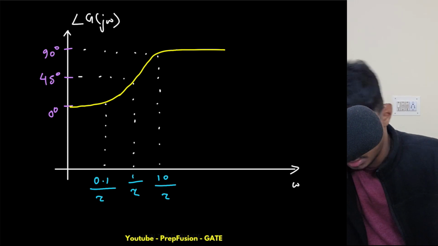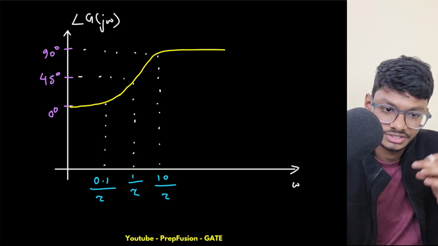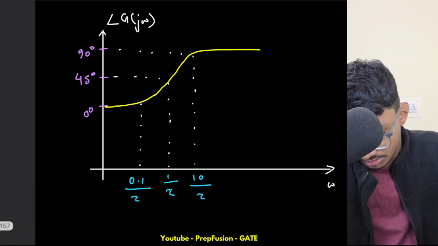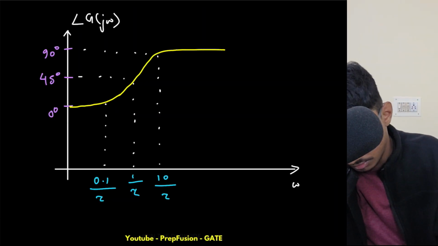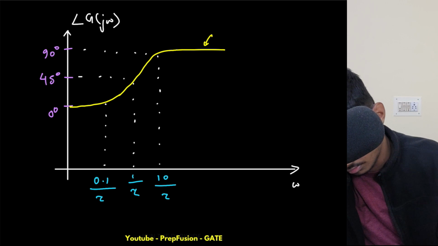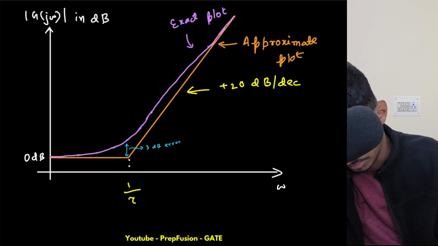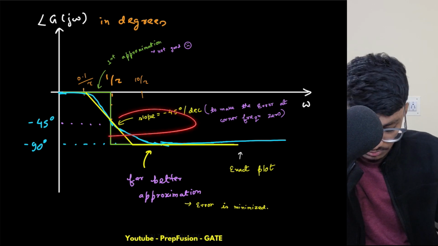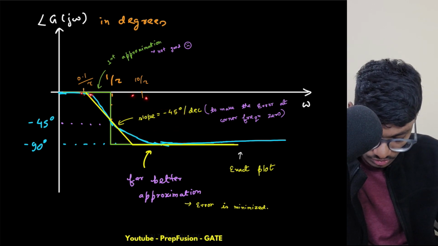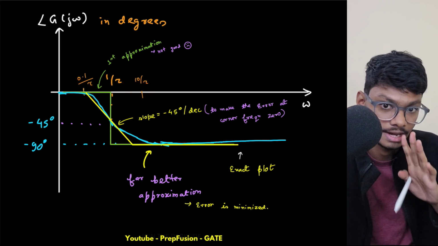Now what does this become? So basically what happens, this shifts by 90 degrees, that we understand, right? So this is the exact plot, and this is the approximate plot. One more thing is the slope. The slope is minus 45 degrees per decade between these 2 points. But after this, the slope becomes 0. That is also an important step to understand.